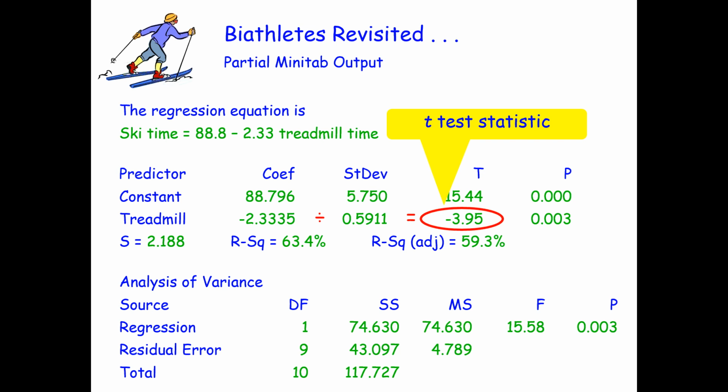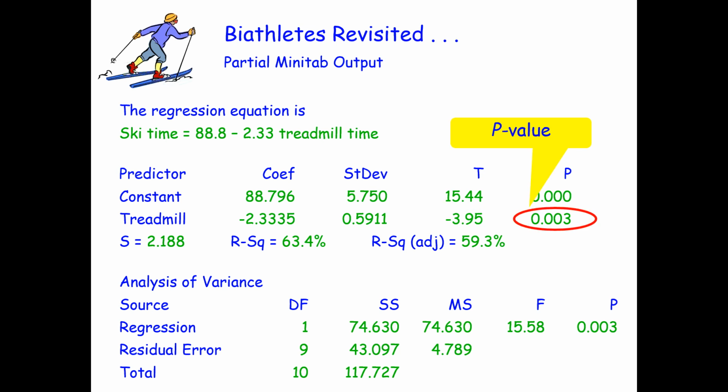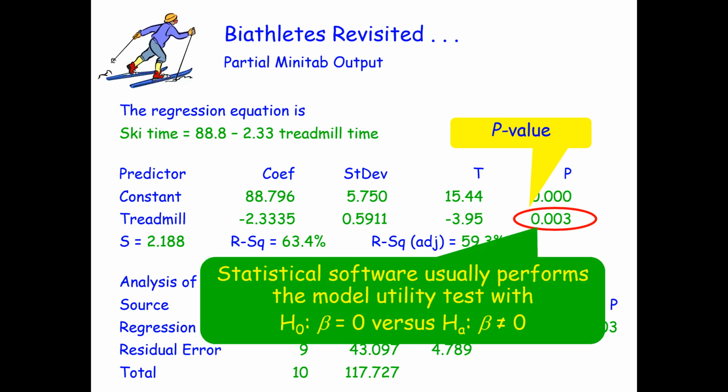And just to the right of that, we have 0.003, which is our p-value. Statistical software usually performs the model utility test with the null hypothesis of beta equals 0 versus the alternative hypothesis of beta does not equal 0. And so being able to read statistical software output can be very valuable and very helpful.